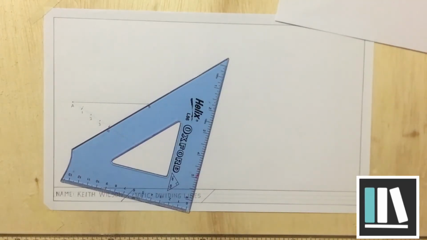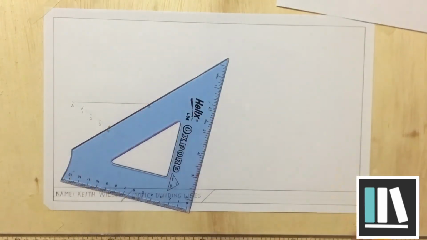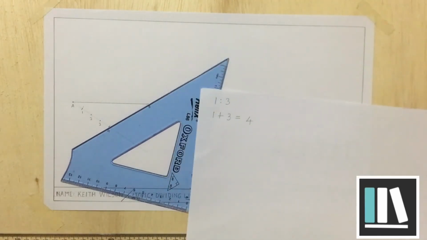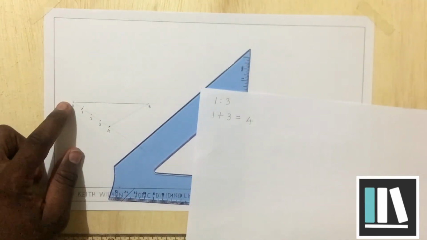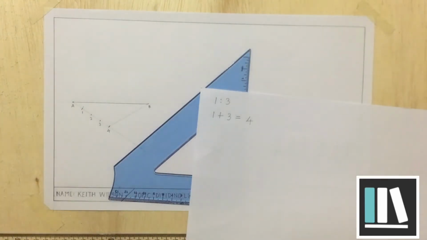Right? Unlike the previous video where we would connect all points to the line, we are going to connect the points as they relate to the ratio. Now the ratio is 1 to 3. So we are going to count 1, then connect that point.